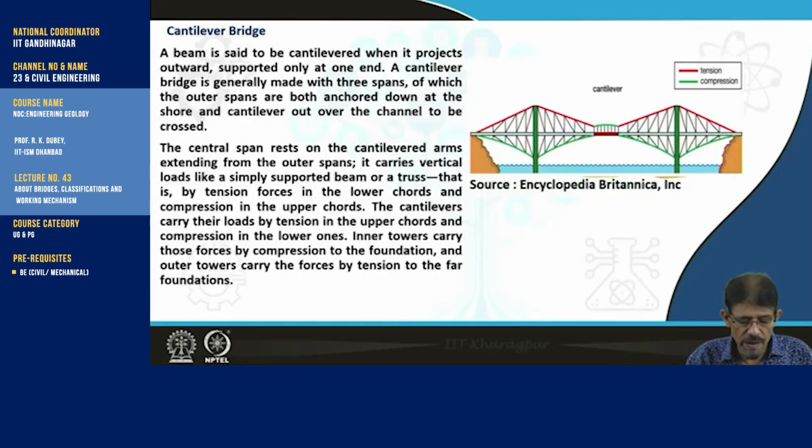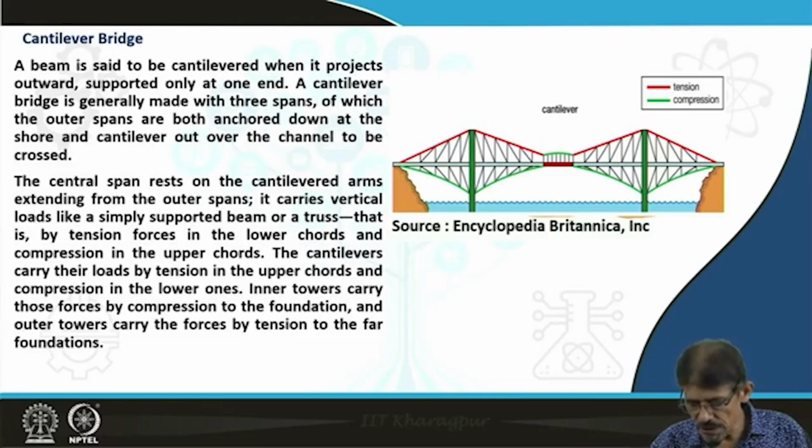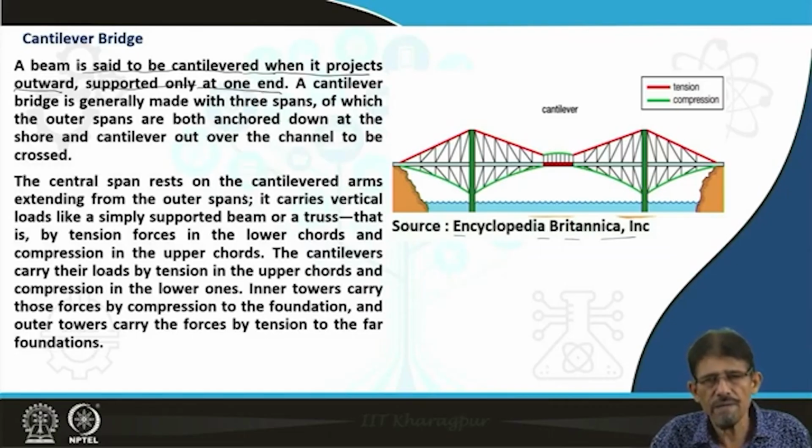Next is a view related to the cantilever bridge, collected from the Encyclopedia Britannica. A beam is said to be cantilevered when it projects outwards, supported only at one end.